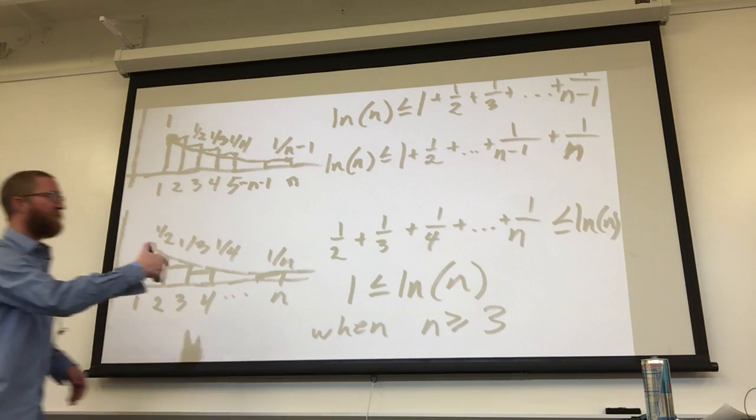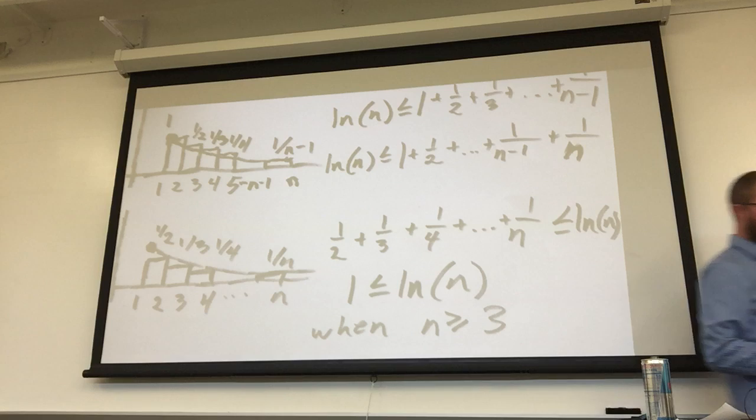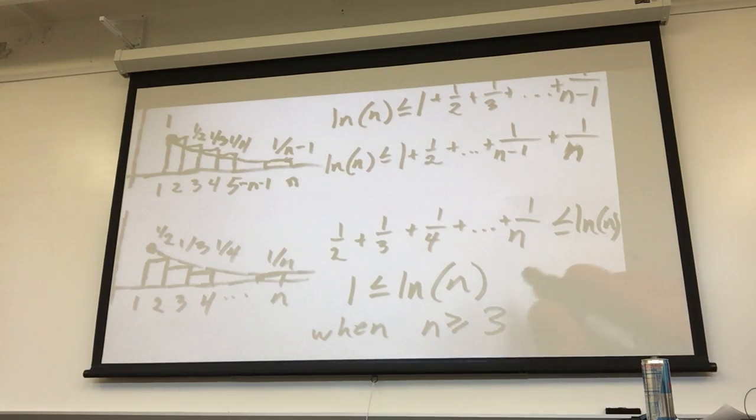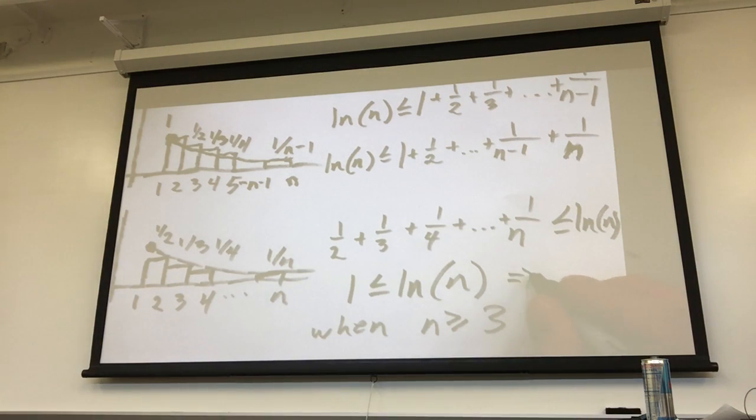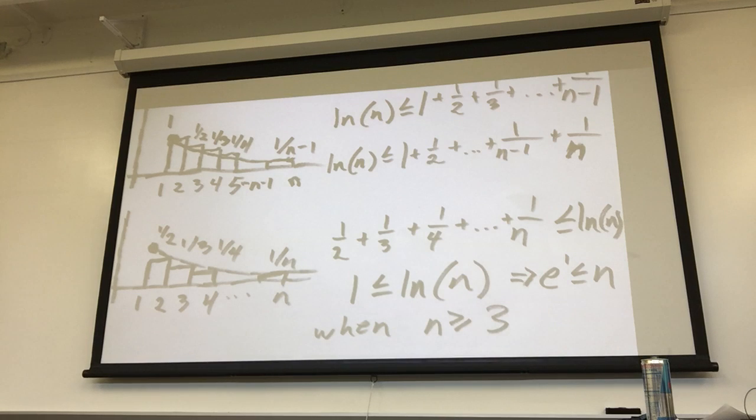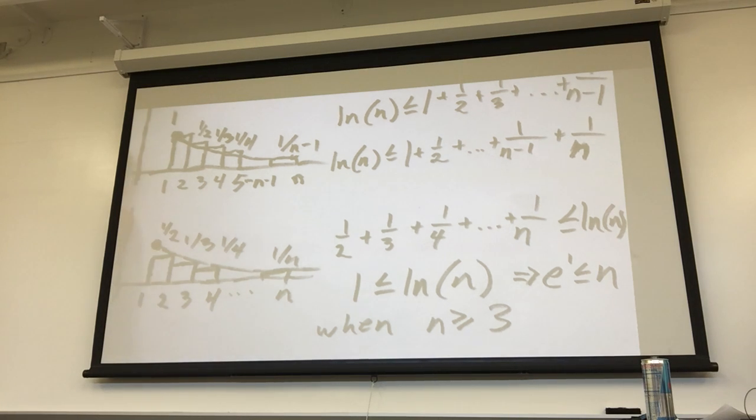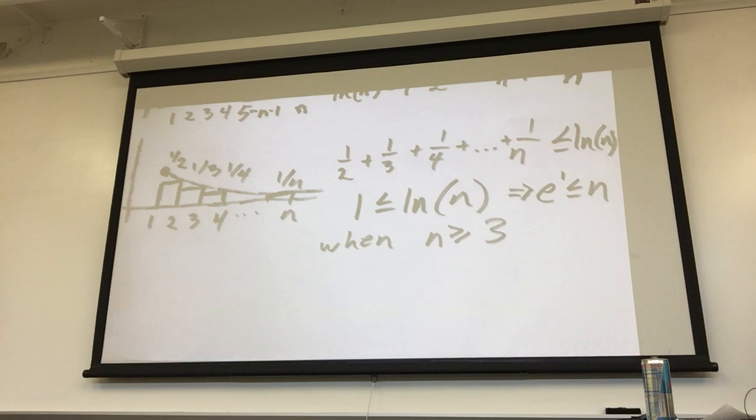Okay, so when you look at this thing right here, n just has to be greater than or equal to e. Okay, and e is around 2.7, so we just say, all right, if n is bigger than 3, then the natural log of n is going to be greater than or equal to 1. Okay. And so what I'm going to say, I'm going to add these inequalities.